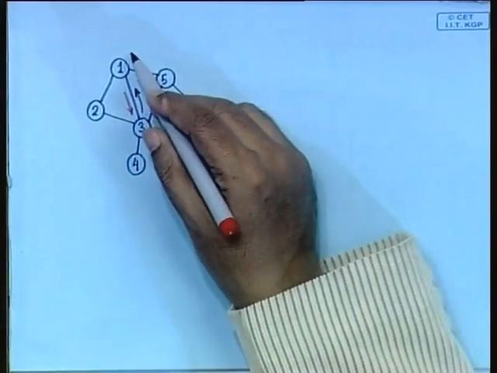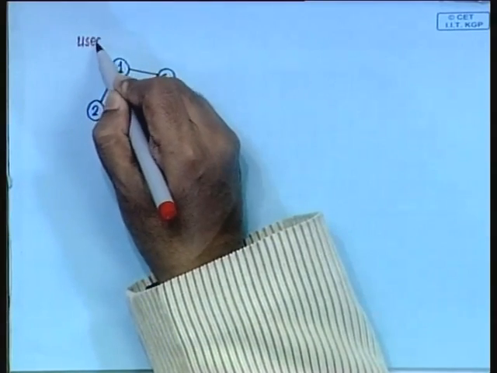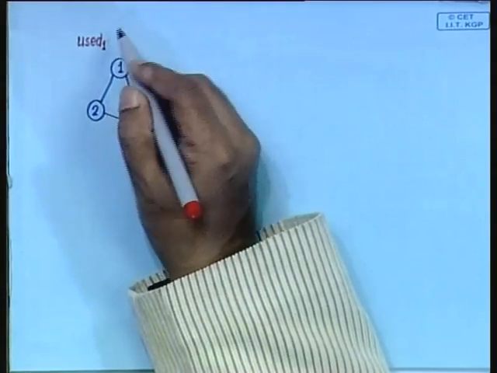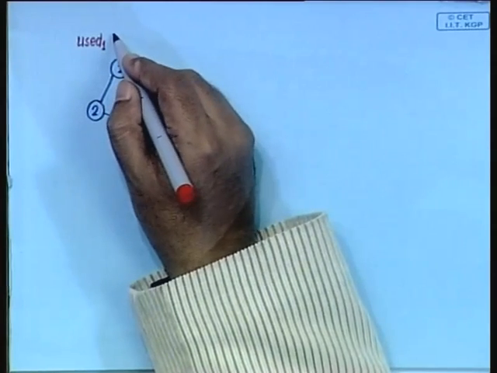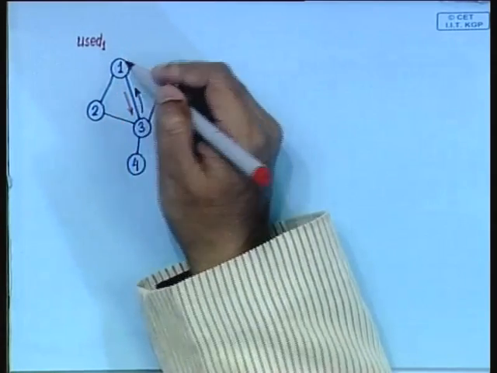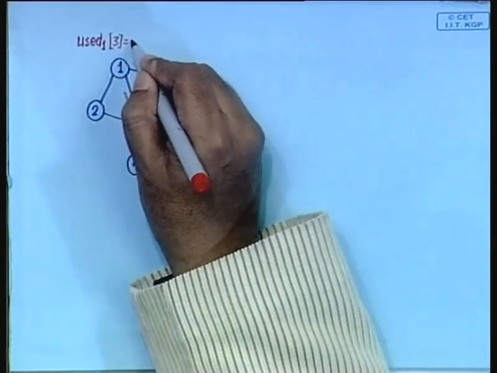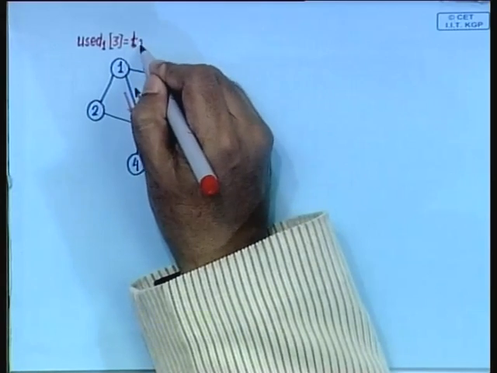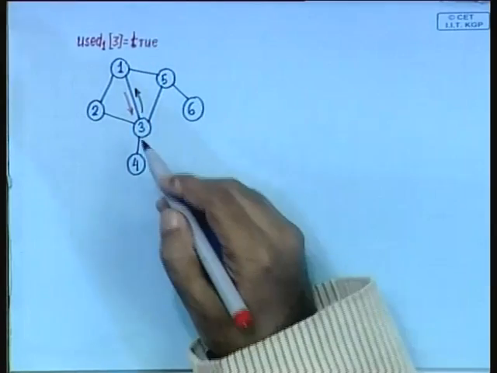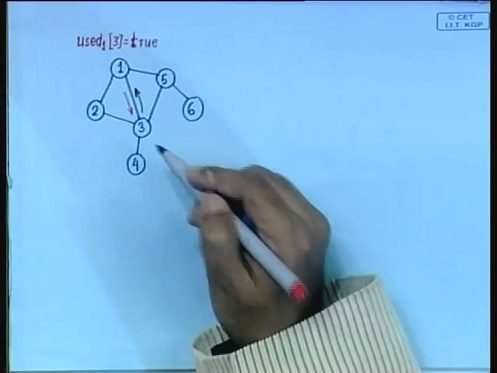Now, let us look at the used arrays. Okay, so, let us look at used 1. What is used 1? 3 is now 1, right, true, because it has already sent it along this, right.